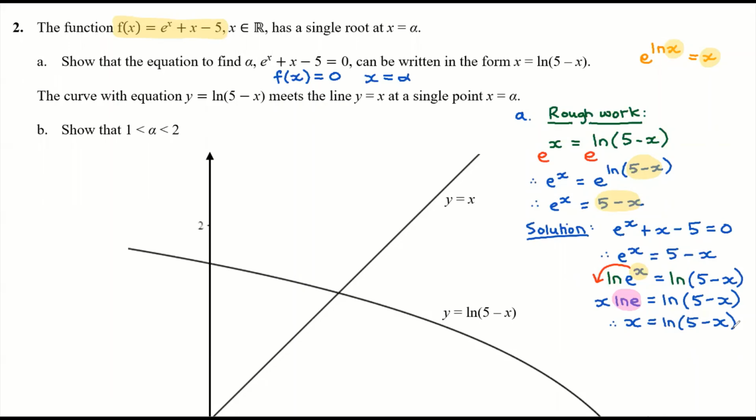But what we first have to do is show in part B that the root alpha lies between 1 and 2. So remember, alpha is the solution. So we know that e to the alpha plus alpha subtract 5 is equal to 0.